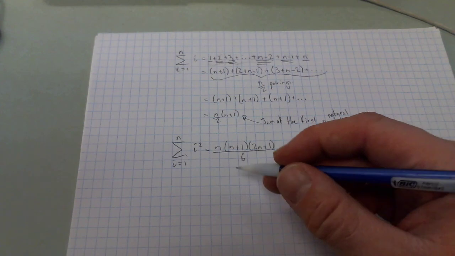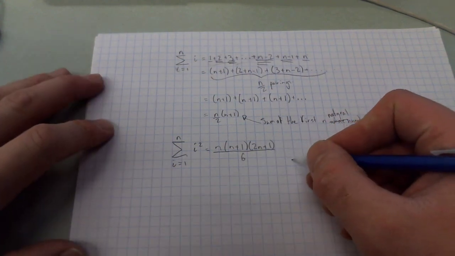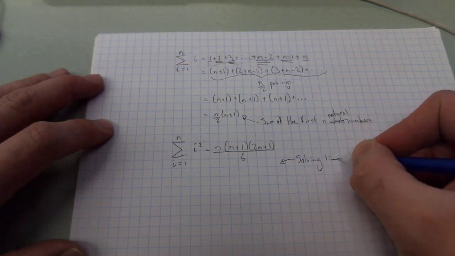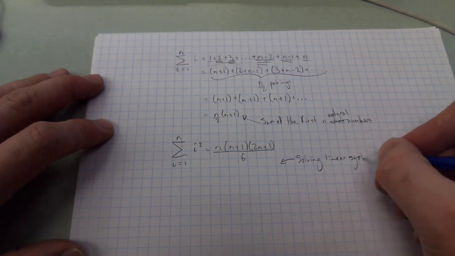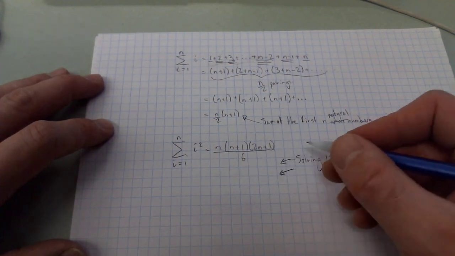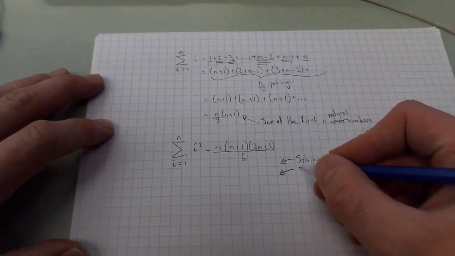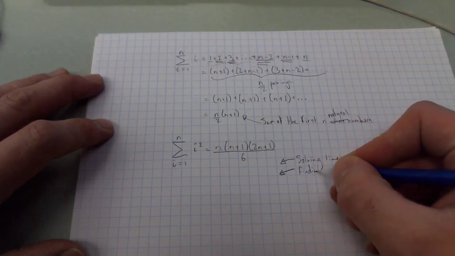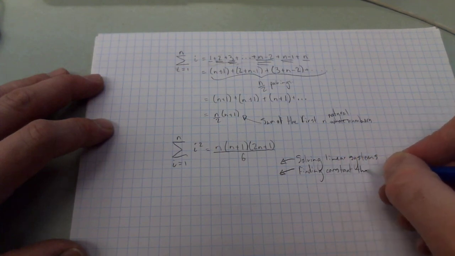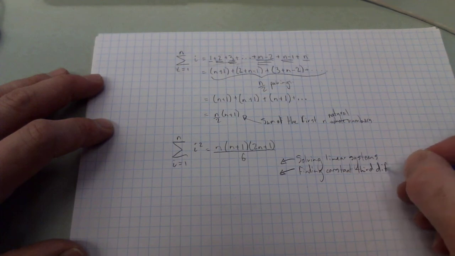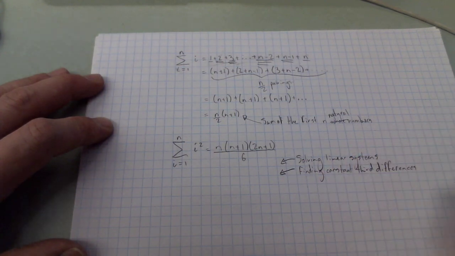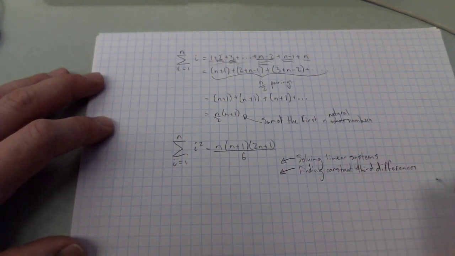Now, the process that you use to determine this involves solving linear systems, it also involves finding constant third differences, and it also involves just being pretty good at algebra in general.